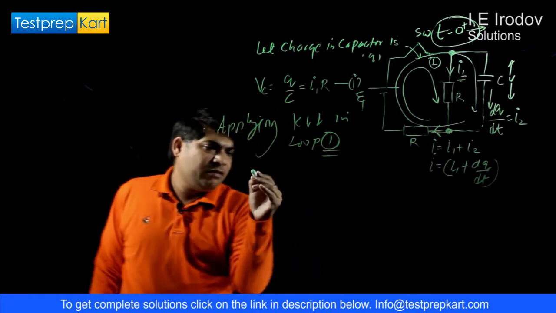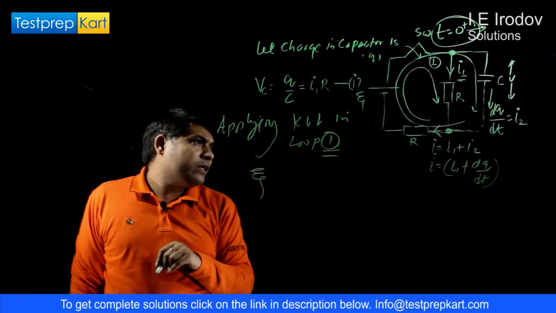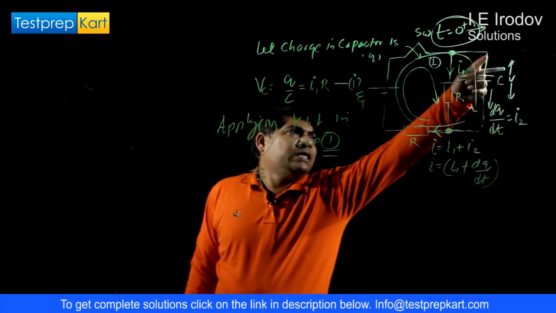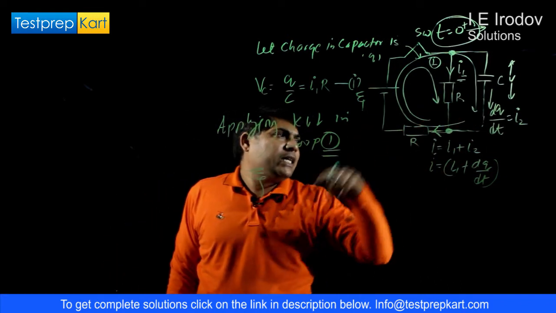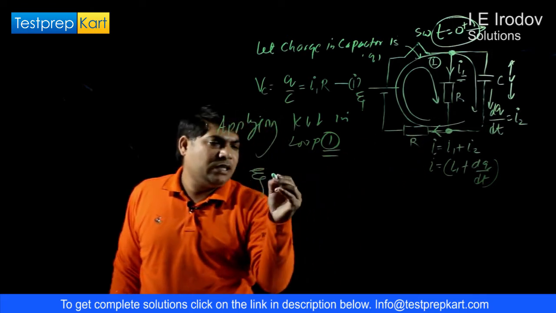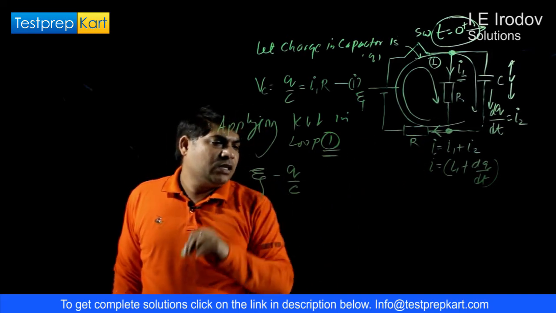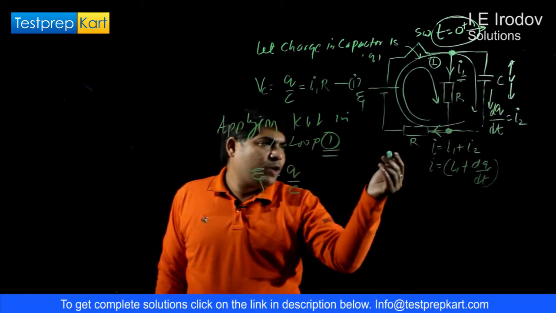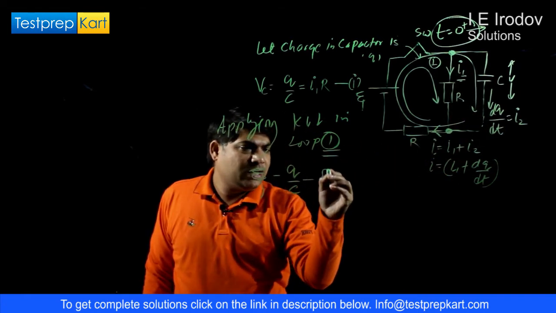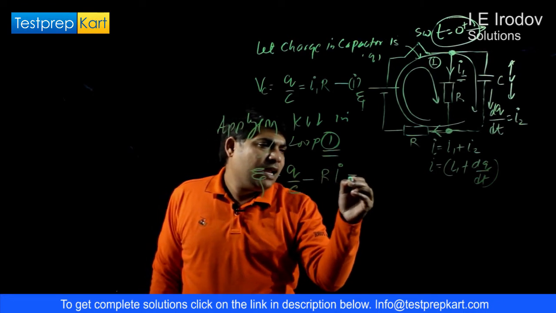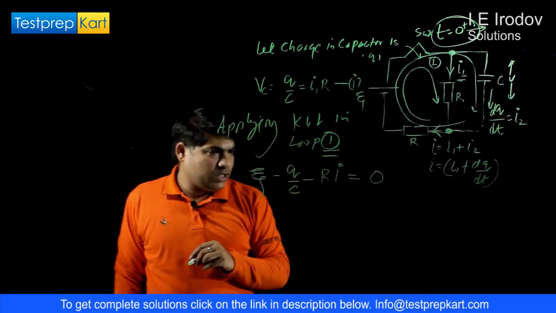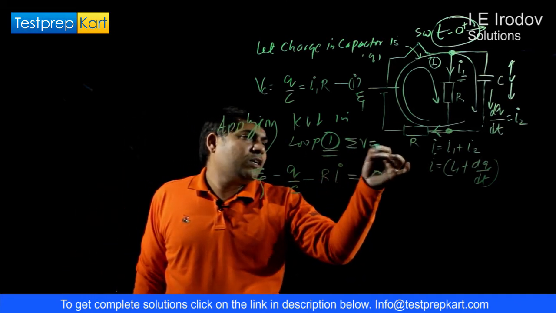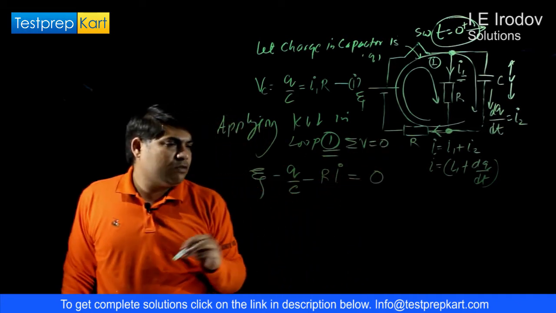Here we have applied the total EMF E, and there is a potential drop across this capacitor, that is Q over C. After that, there is a potential drop across this resistance, that is R into I, and the sum must be equal to 0, as Kirchhoff's voltage law says that the total voltage in a closed loop is equal to 0.